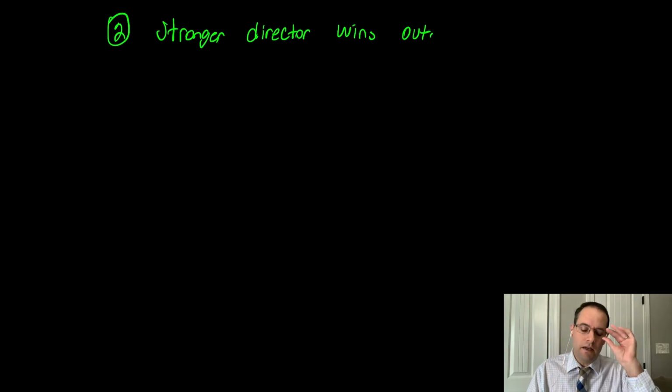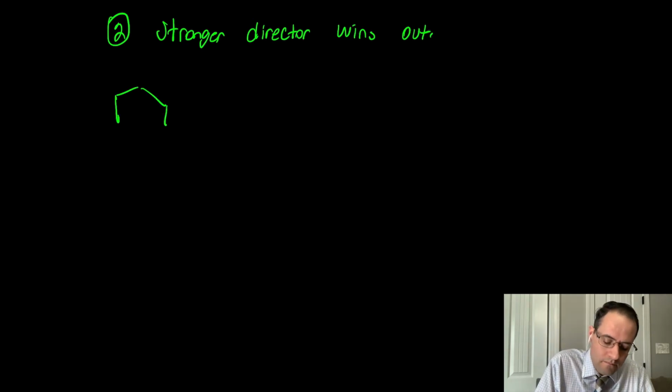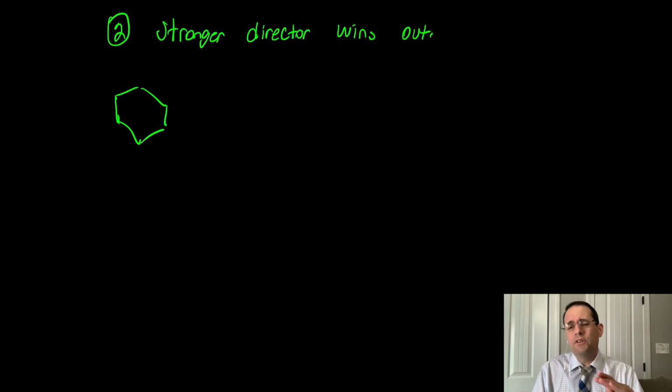So let's take a look at that now. Here it's important to realize the table that I showed you in the previous video about strong directors, moderate directors, and weak directors, okay?